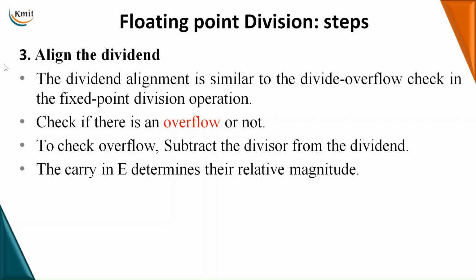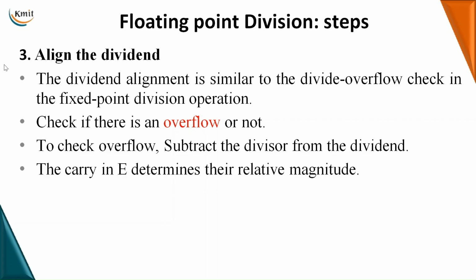In a division operation, before performing the division, we have to check whether there is an overflow situation or not. In order to check the overflow situation, we have to subtract the divisor from the dividend. This is how the overflow situation will be identified: if the dividend is less than the divisor, then there is no overflow situation.